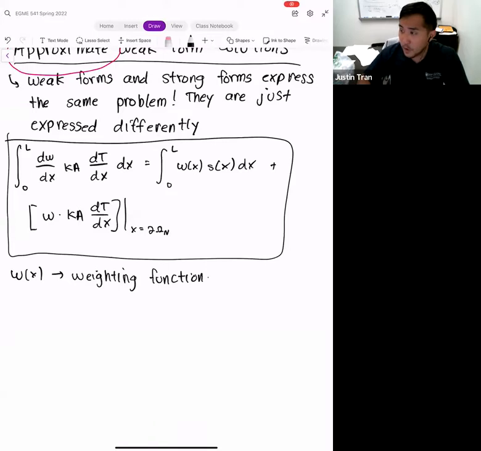And it's something new that we added to the weak form that obviously is not there in the strong form of the equation. Okay. And what is it? And so the weighting function serves a few different purposes. But the main purpose that we have for it is that it's meant to draw out one of the derivatives on our solution variable. Okay.